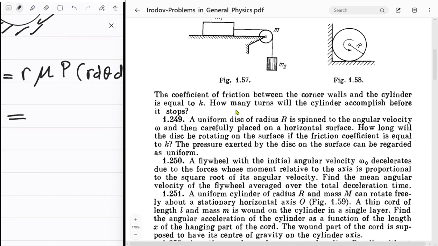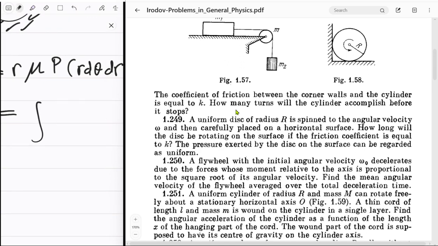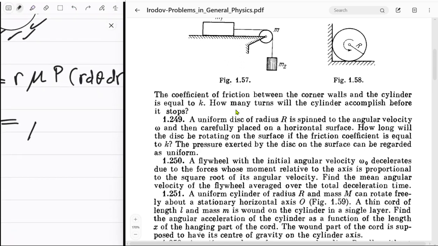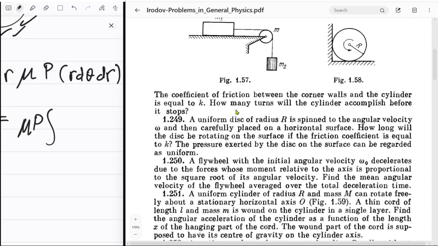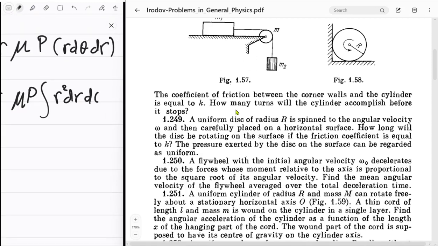Well, r is actually a variable, right? So you got integration. The mu is out, P is out because those are constants. You got r squared dr and then d theta. So it's the integration through the whole area, of course. We'll just break it as two integrals, one for theta, one for r, because they're independent anyway.